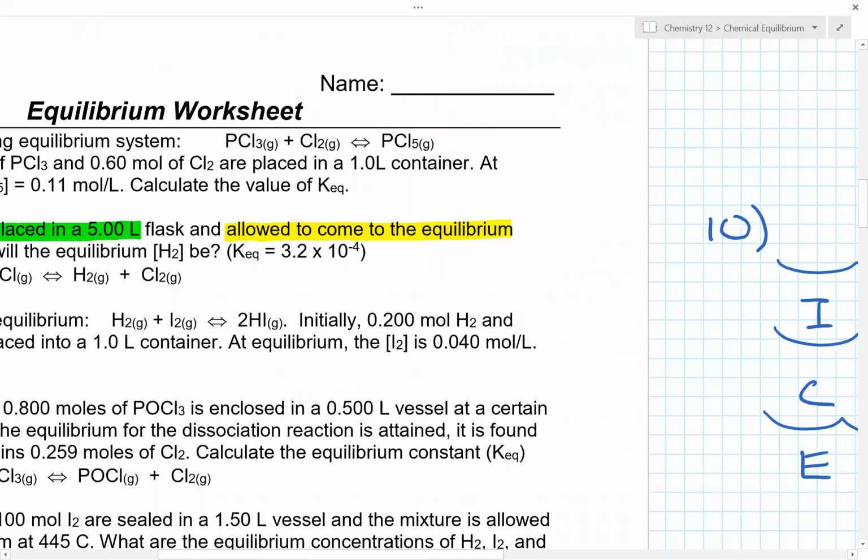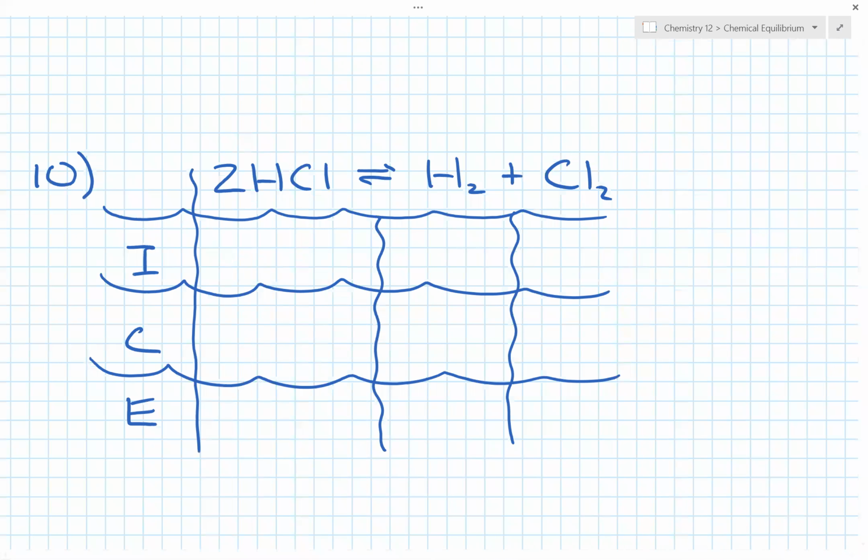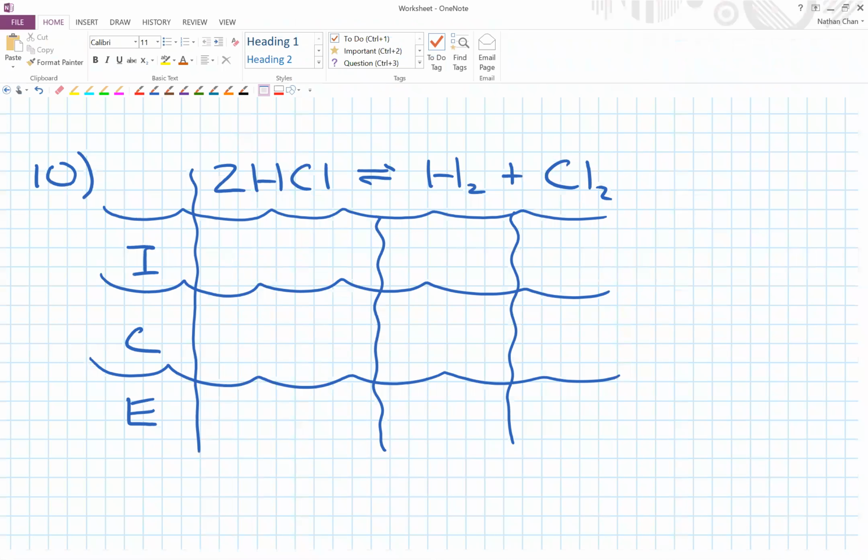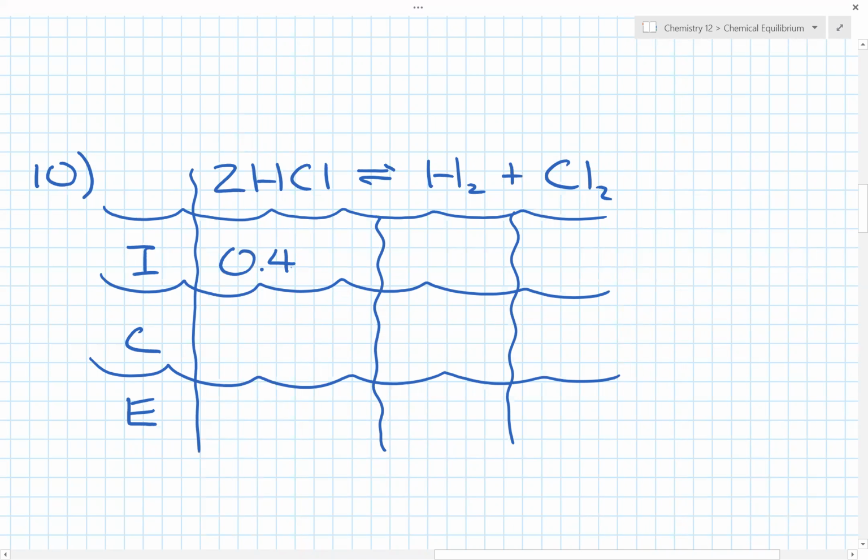So here, the initial concentration would be 0.40 molarity. Now, remember, when we're doing equilibrium or ice tables and stuff like that, we have to use concentration. So the first step you should always do is take a look, is it concentration?